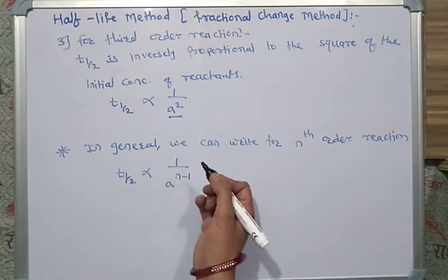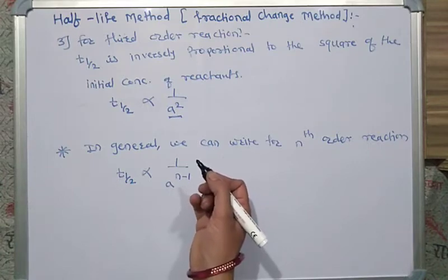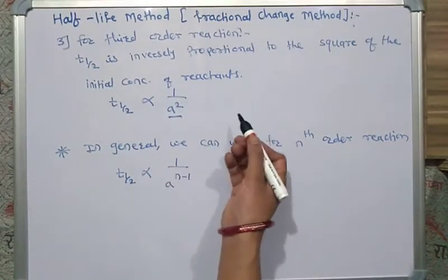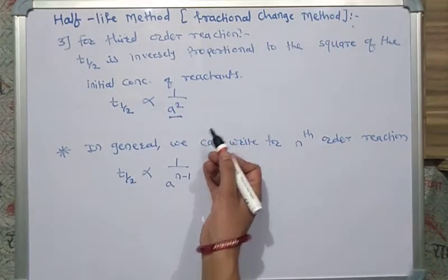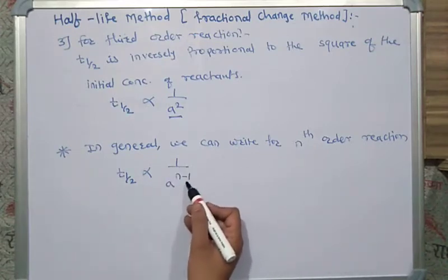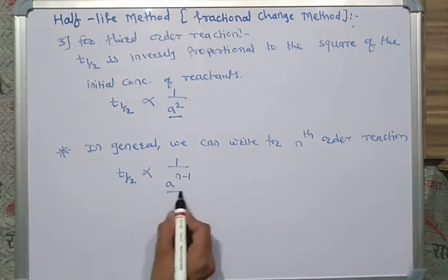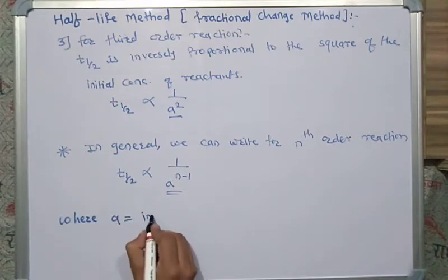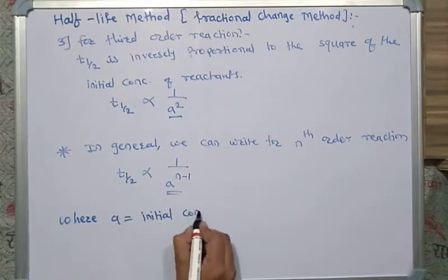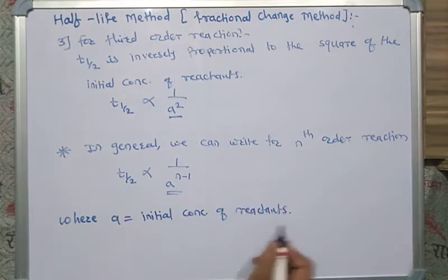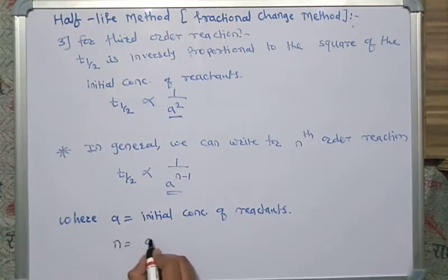For second order, it is inversely proportional to the concentration of reactant, and for third order, the half-life is inversely proportional to the square of the initial concentration of reactant. And in general, for the nth order of reaction, T half is proportional to 1 divided by A to the power n minus 1, where A is the initial concentration of reactants and n is the order of reaction.